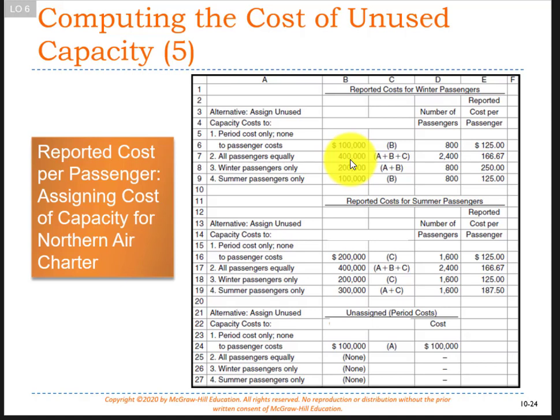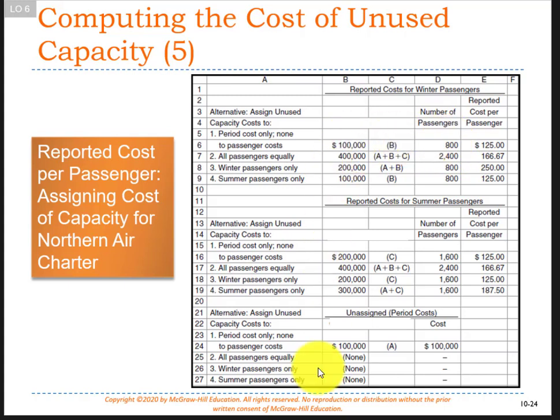If we divide the capacity amongst all of the passengers equally, seems like the fairest, then our cost per passenger is $16.67. And notice that's the same for summer and winter. So this is the same process, but done for summer passengers, where there's 1,600 passengers instead of 800 like there is for winter passengers.